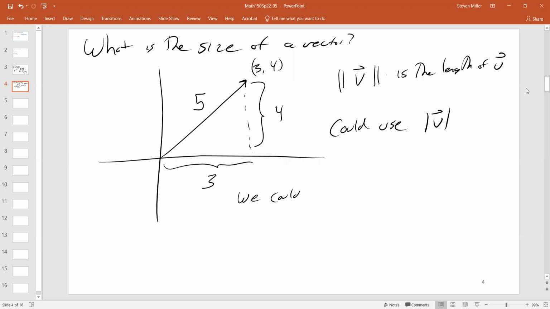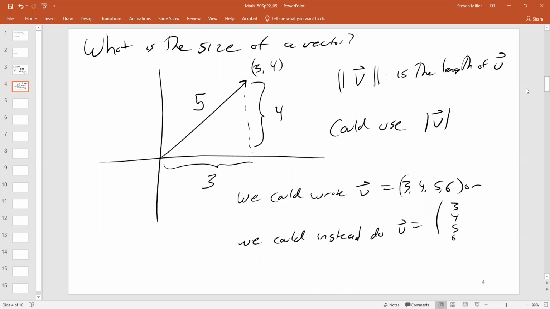We could write V equals 3, 4, 5, 6 as a column, or we could instead write V equals (3, 4, 5, 6) as a row, but notice what happens to the text. If I have a big vector like that, it's going to change how things are displayed. And look at all that blank space.